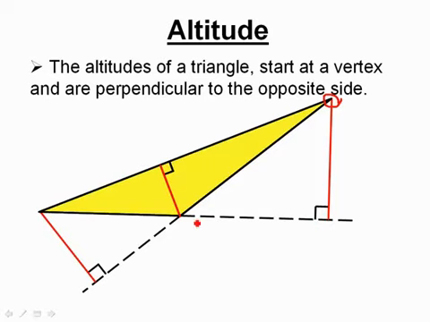The altitudes are not necessarily hitting inside the triangle. They may occur outside the triangle. But nevertheless, they just have this requirement: they start at a vertex, and when you draw them, and if needed, you extend the side, they'll be perpendicular to that side. Altitudes are very helpful when you're calculating the area of a triangle, base times height divided by 2. Essentially, the altitude would be the height.